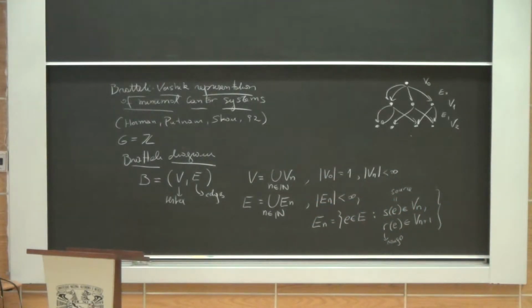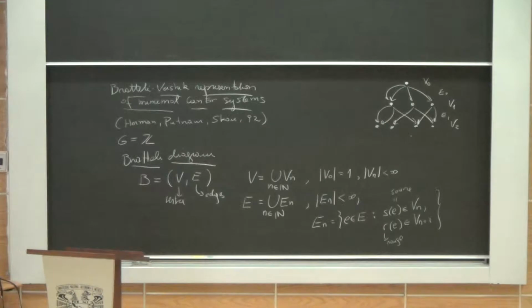The sequence of incidence matrices for the Bratteli diagram B will be a sequence of matrices An, where An has Vn plus 1 rows, so the number of elements in Vn plus 1, and Vn columns.